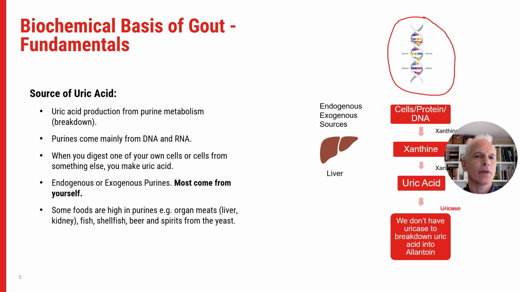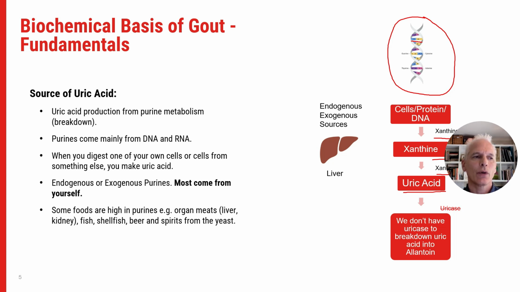That's broken down by something called xanthine oxidase. When xanthine oxidase breaks down purines into xanthine, it is then broken down even further into uric acid, and that's where it typically finishes. So uric acid is the remaining metabolite which floats around in your system, and you can develop gout from having too much of that.